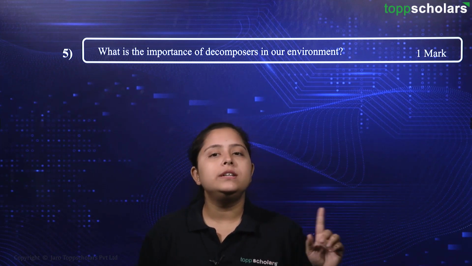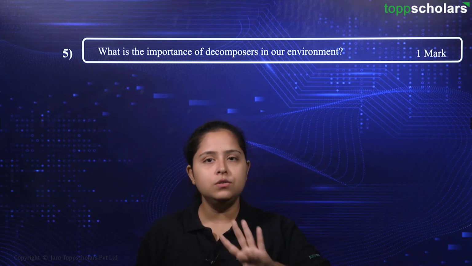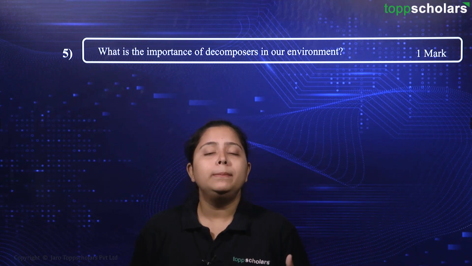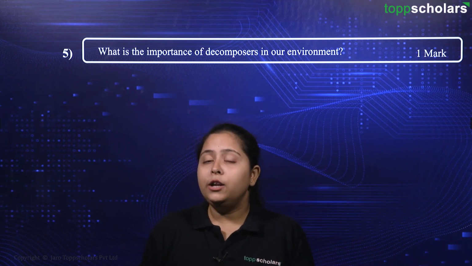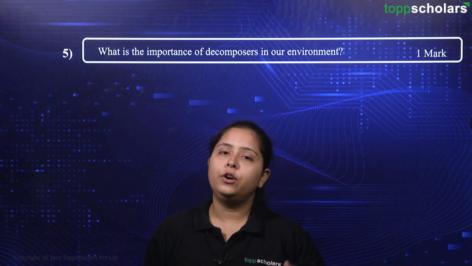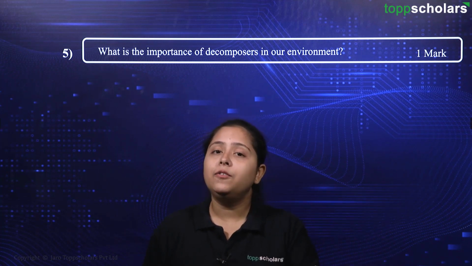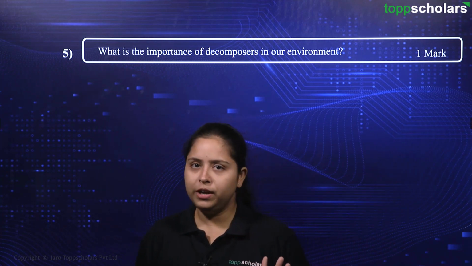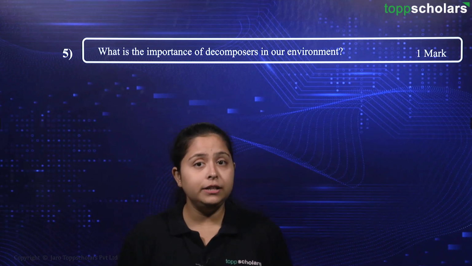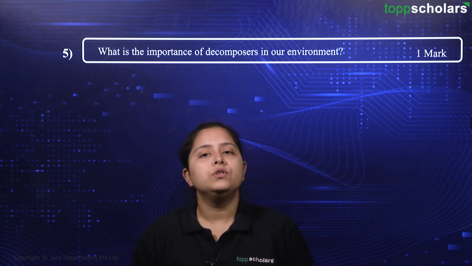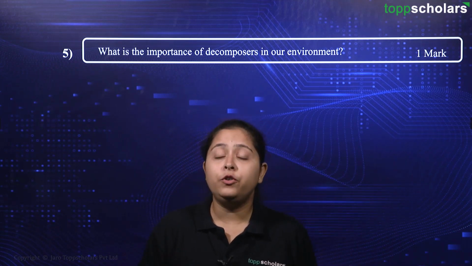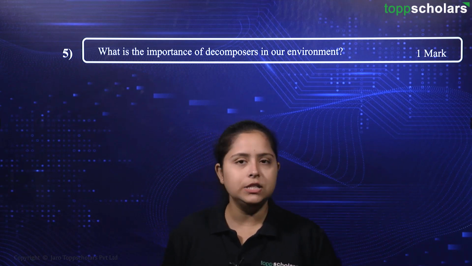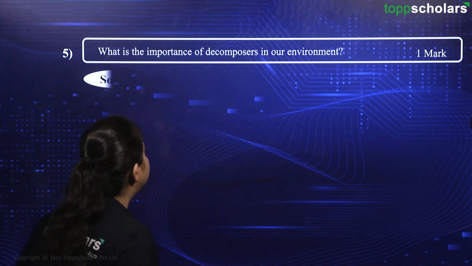So if decomposers are not there, this cycle will also stop. So the plants will not be gaining the required inorganic minerals that is required for their functioning. Then again our whole food chain will be suffering. So as per our discussion, the deletion of decomposers from our environment, from our life would be very detrimental to our society. Let us go for the solution part.